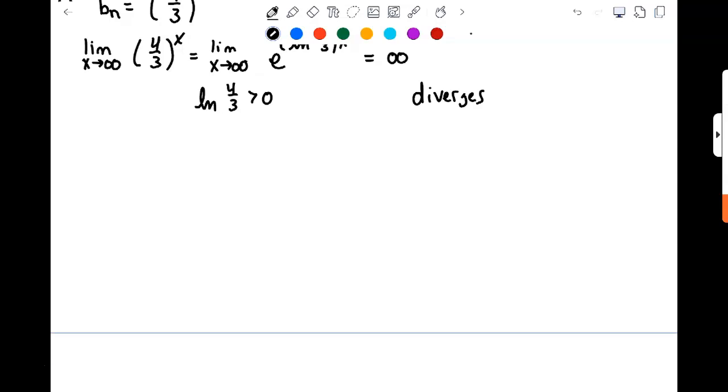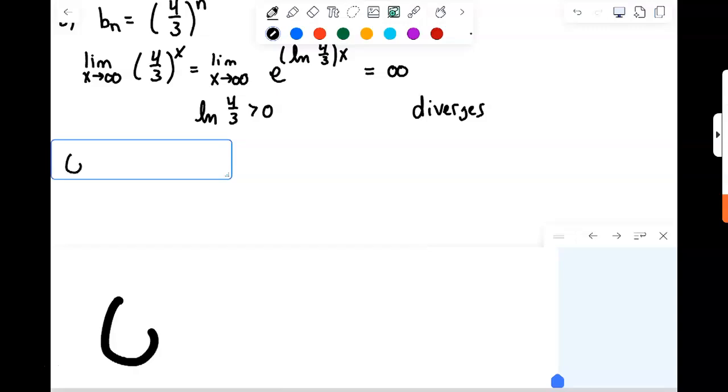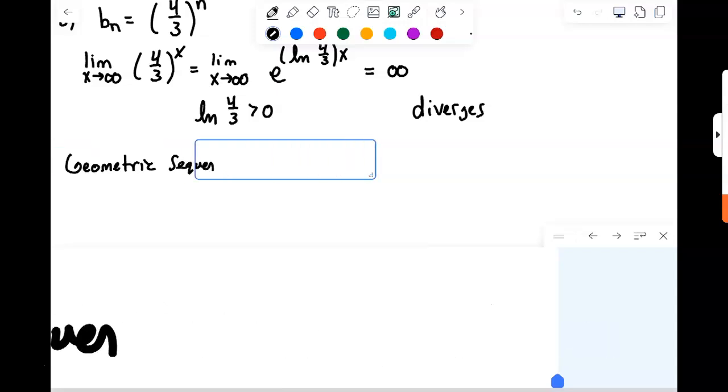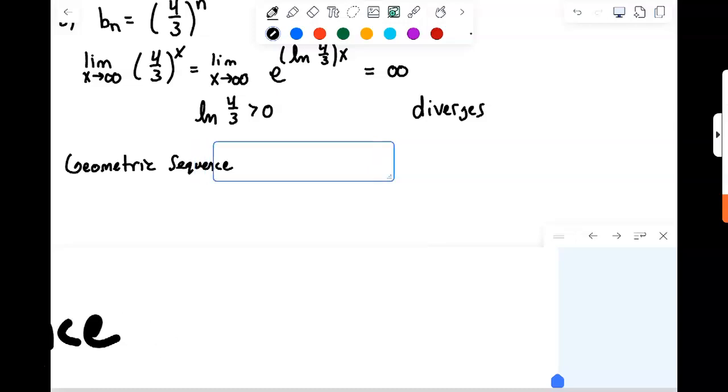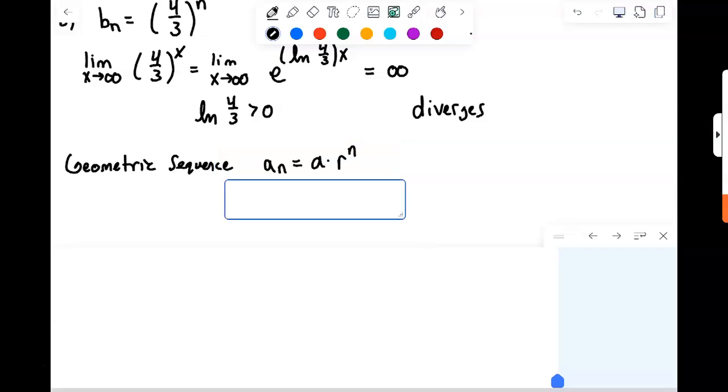And so we can actually summarize the geometric sequence as follows. Based on these two examples, here's what happens with the geometric sequence. This is the sequence a sub n equals a times r to the n.